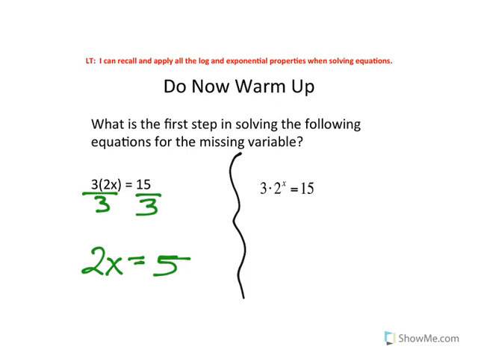Case in point, on the right-hand side, instead of 3 times 2x equals 15, you will see 3 times 2 to the x power equals 15. But our first step is going to be the same as it was on the left-hand side. We want to get rid of that coefficient of 3 by dividing it on both sides, which leaves us 2 to the x power equals 5.